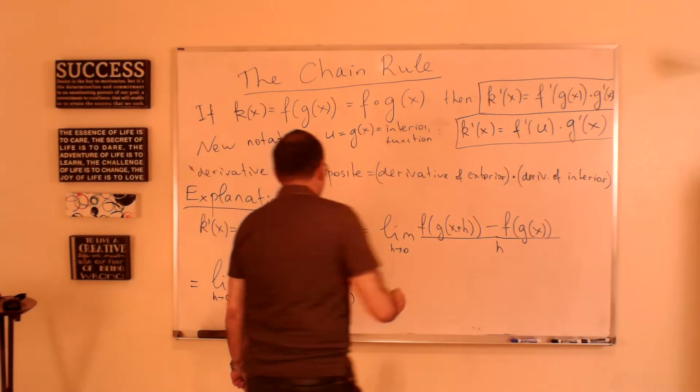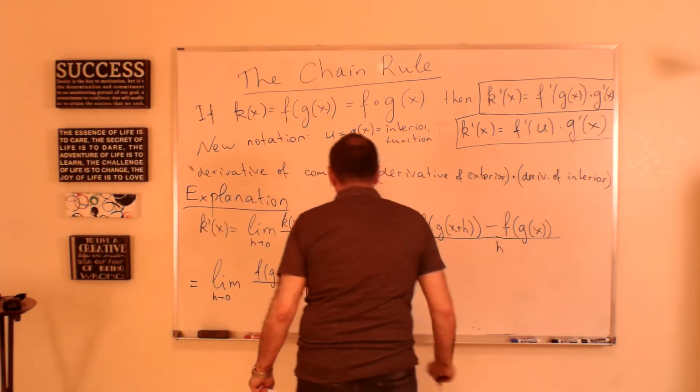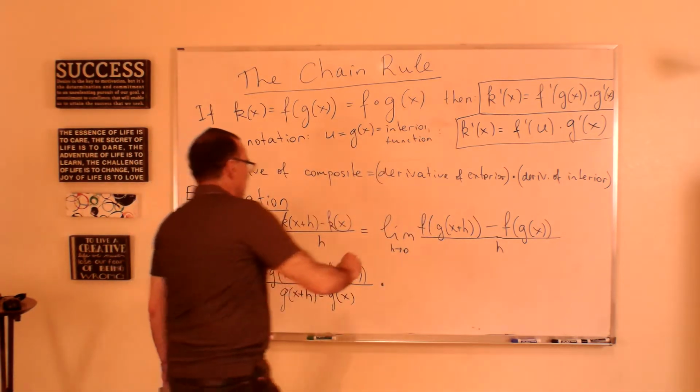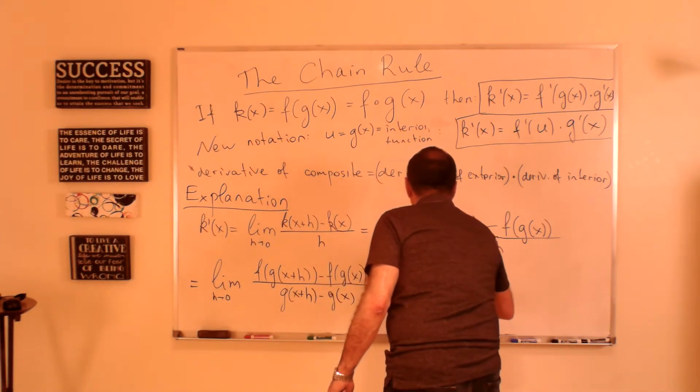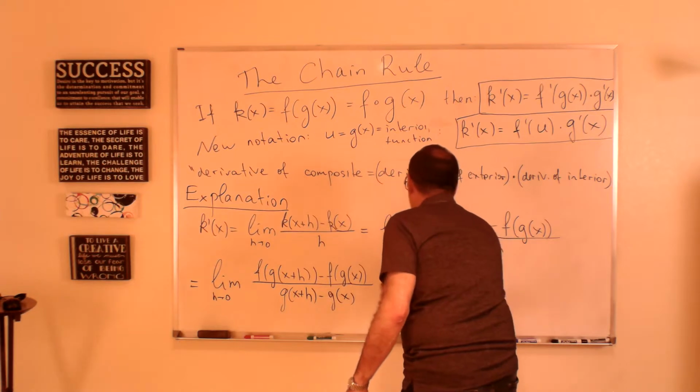And then, in order not to change anything, I will multiply times the same, so it ends up g of x plus h minus g of x divided by h.